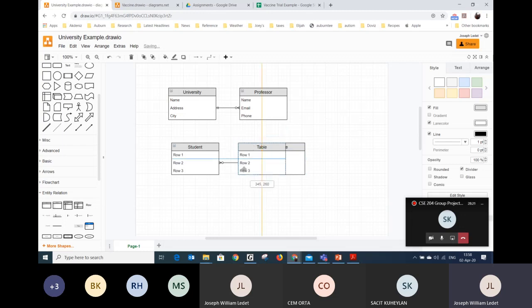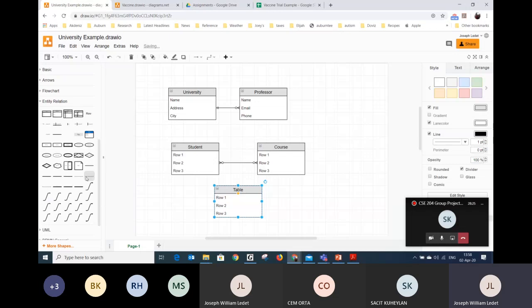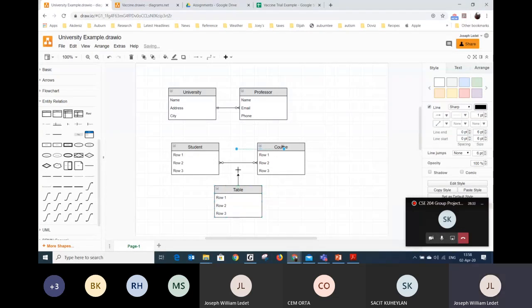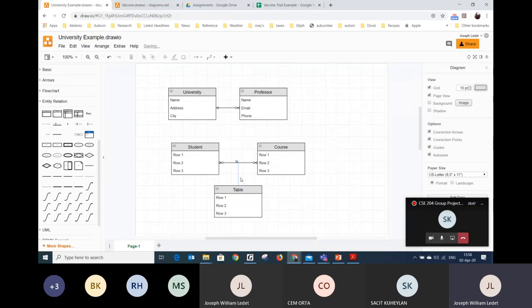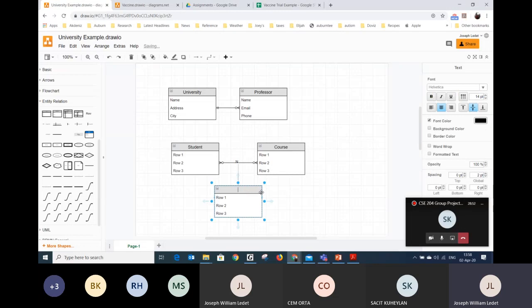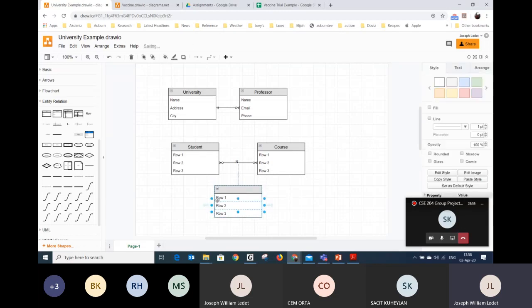So the way that we could show that is with a dotted line. You could have a dotted line here that would have attributes of this.